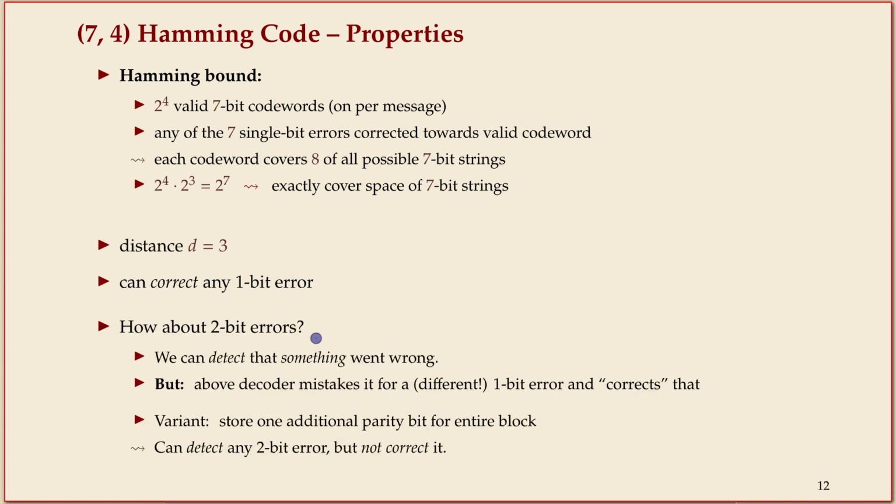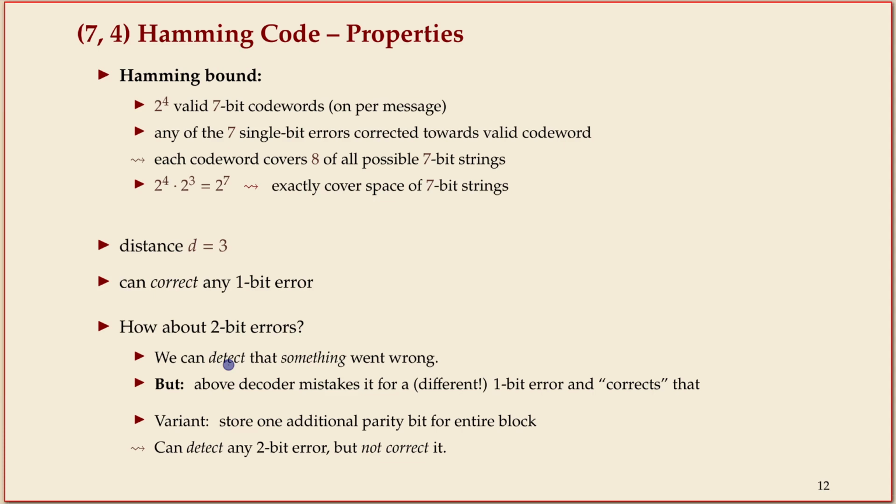If you're thinking about doing more with the same code, we could potentially detect at least 2-bit errors, right? 3-bit errors are out of the question with a distance 3, but maybe we can detect 2-bit errors. Now, if 2 bits are flipped, we will know that something has been flipped.